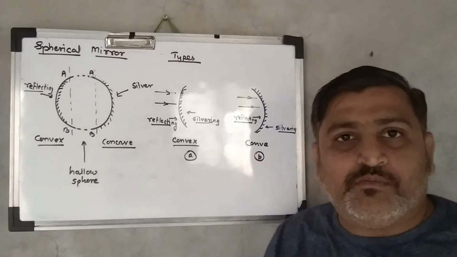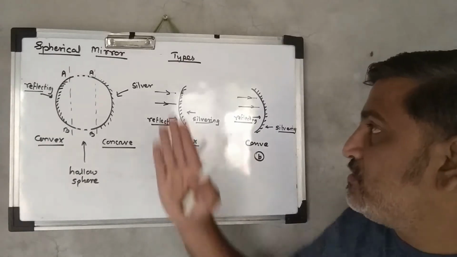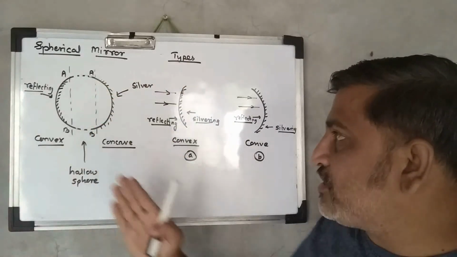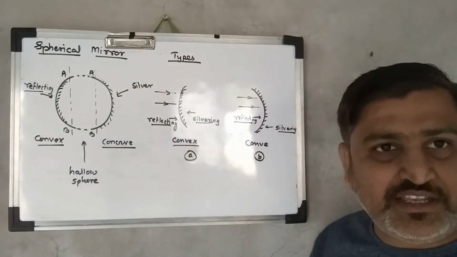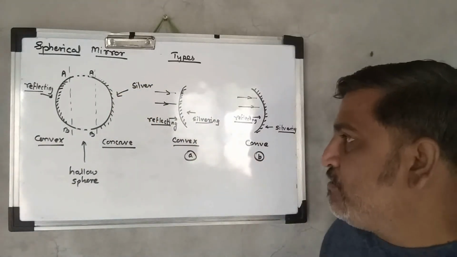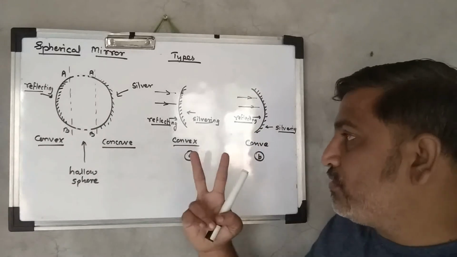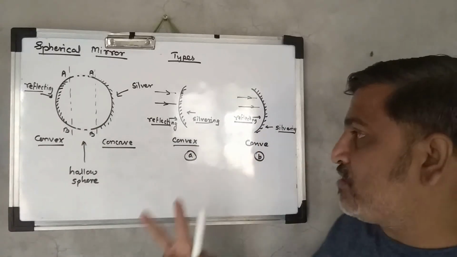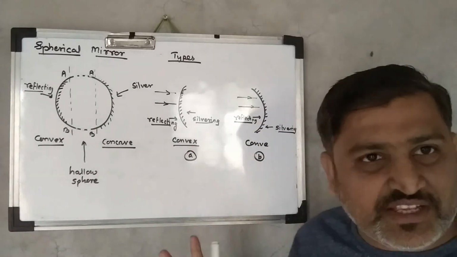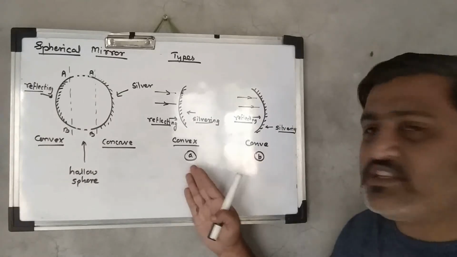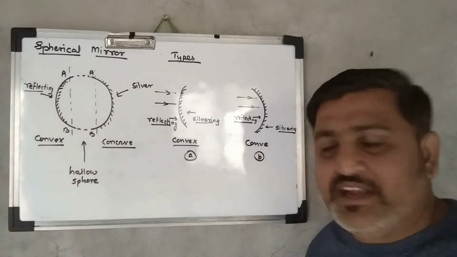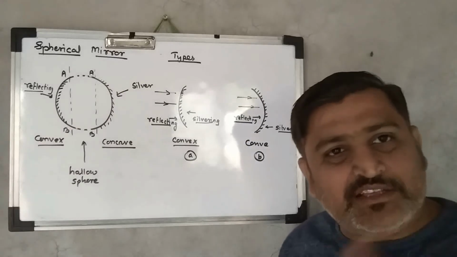So by cutting this hollow spherical surface into two different sections, we find two different types of mirror, one concave and the other convex. In case of a convex mirror, silvering is done inside and reflecting is taken as outside.